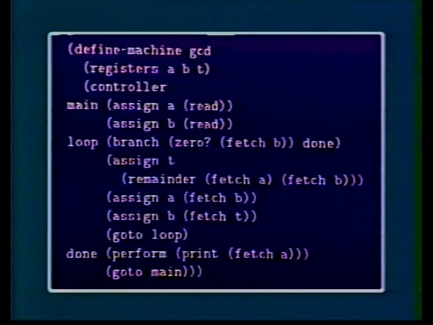So the state machine that we might have, the controller, may have to, for example, get a value from something and put it into register A to load it up. I may have to load up register B with another value. And then later, when I'm done, I might want to print the answer out. And of course, that might be either simple or complicated.